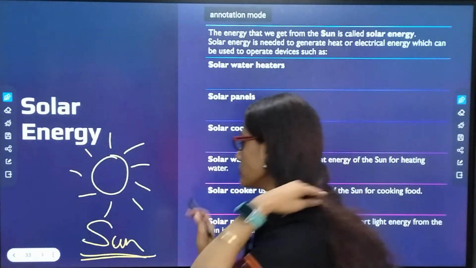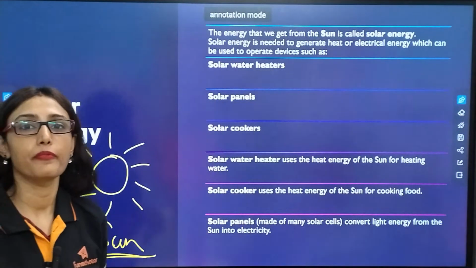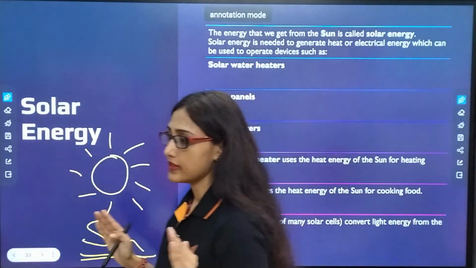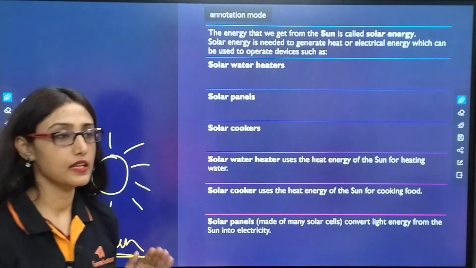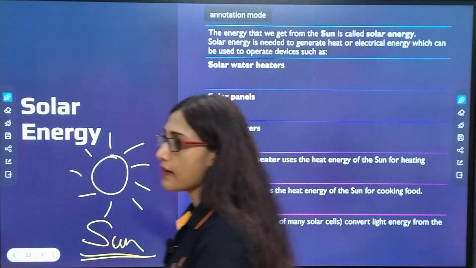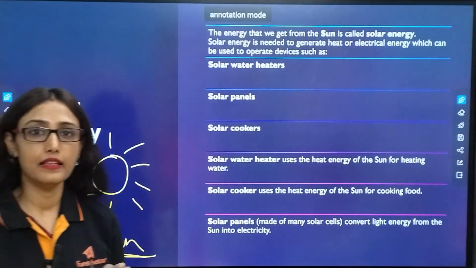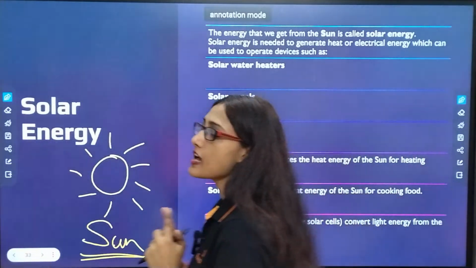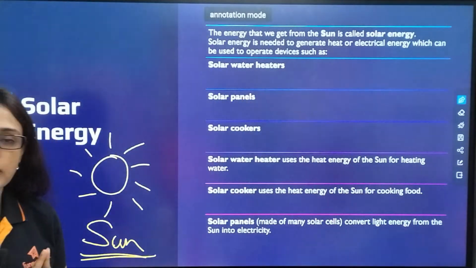So how do we use this energy? We set up solar panels, especially in cold countries where everything is very costly. So what happens with that panel? Electricity is produced and the house appliances are run on that electricity.